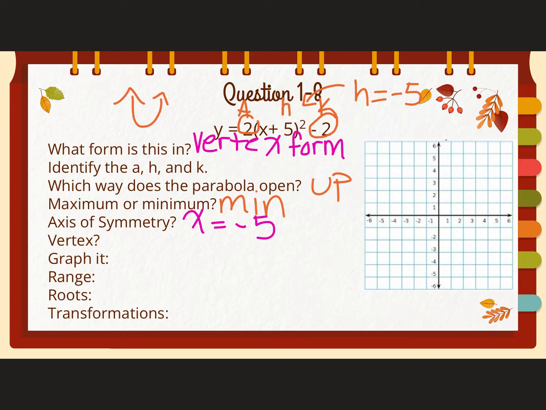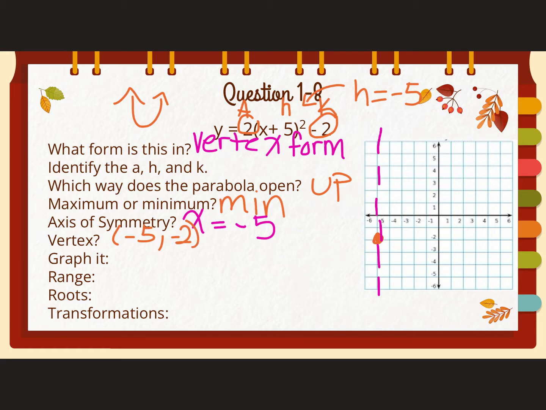So let's go ahead and plot our vertex. It is at (-5, -2), so that point right there. And we have our axis of symmetry where it's going to cut our graph in half right here.